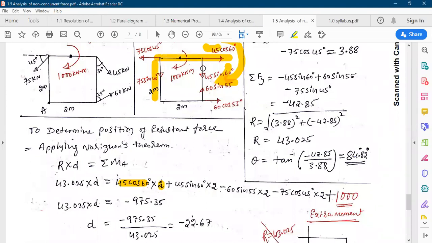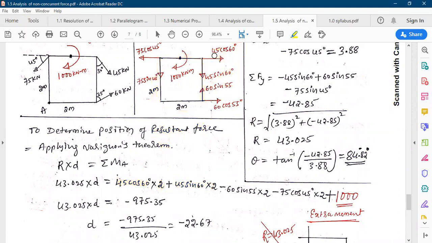Similarly, 45 sin 60 is located at a distance of 2 meter from the moment center A. It also rotates clockwise, and clockwise moment is taken as positive. So 45 sin 60 multiplied by 2, which is clockwise.